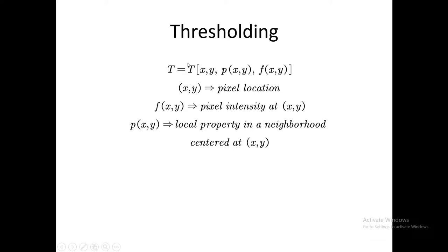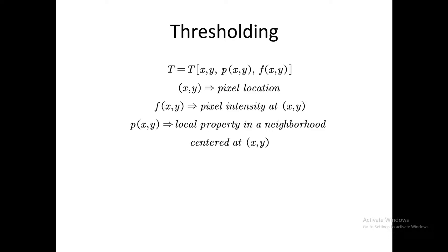Here f(x,y) is the pixel intensity at the location (x,y), and p(x,y) is the local property in the neighborhood centered at (x,y).